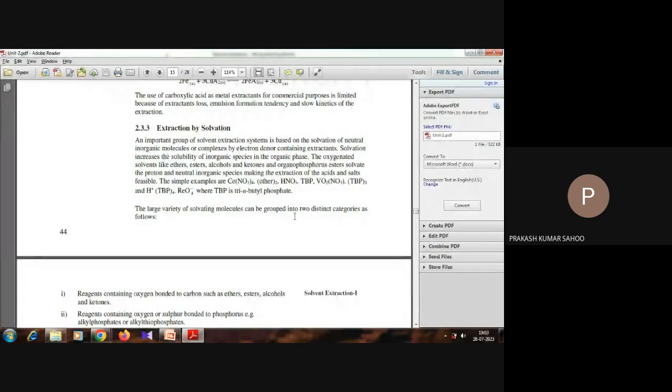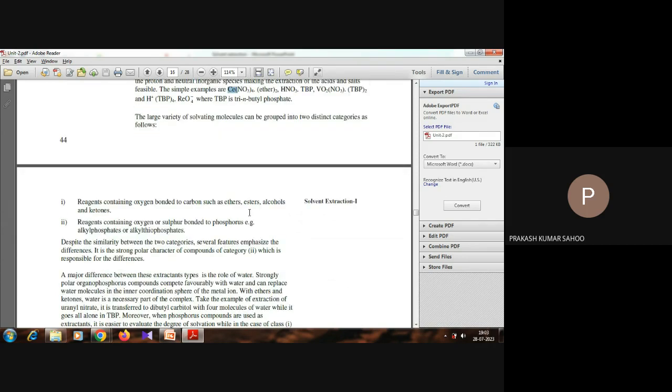Then extraction by solvation. We have already discussed this. We have simple examples like cerium tetranitrate with ether and nitric acid. This is TBP, tri-n-butyl phosphate, and these are used in the solvation step.